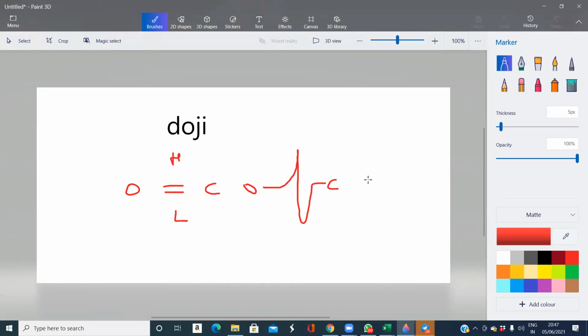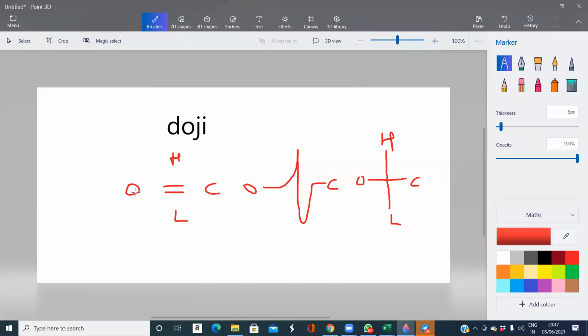The candle will look like this. So this is open, this is close, this is high, and this is low.